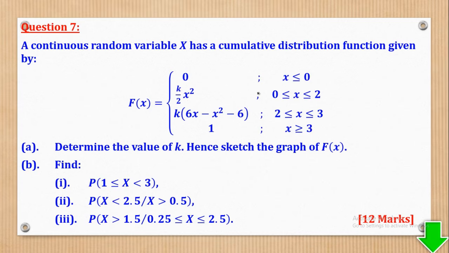Now, the first one is not easy to use because this is 0 and this is also 0, so it cancels everything. Then you can use either 2 or 3, but the easier one is 3, because for this other function it is already 1. So we are going to use 3.